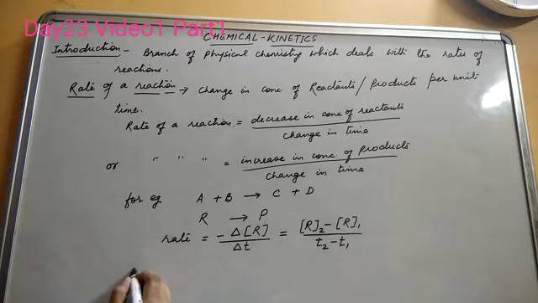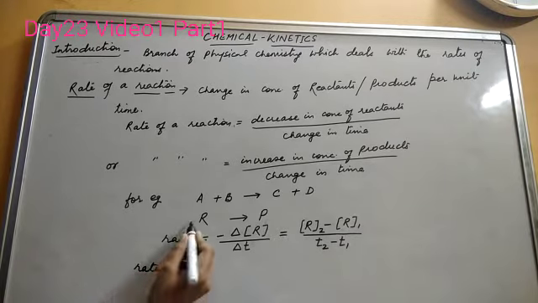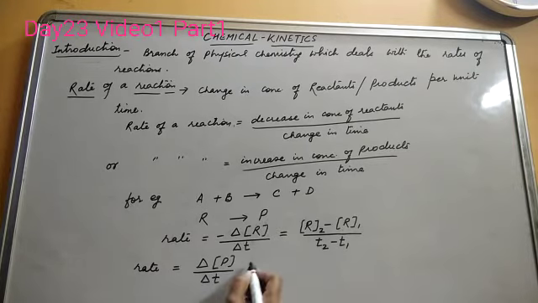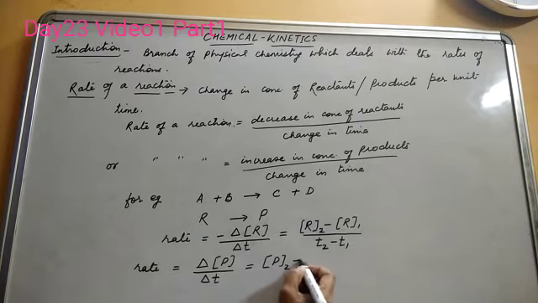Same way, we can write the rate of the same reaction with respect to products: change in concentration of products upon change in time. Here we have not written a minus sign because the final concentration of products is greater than the initial concentration, which was initially 0, upon final time minus initial time.